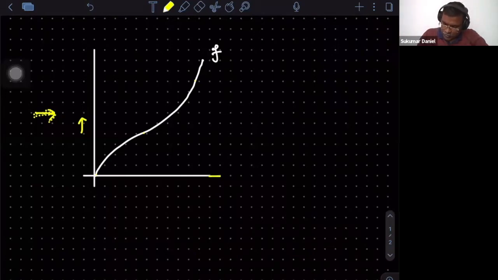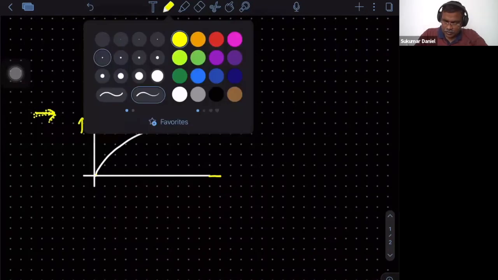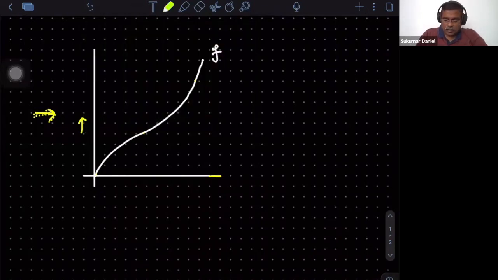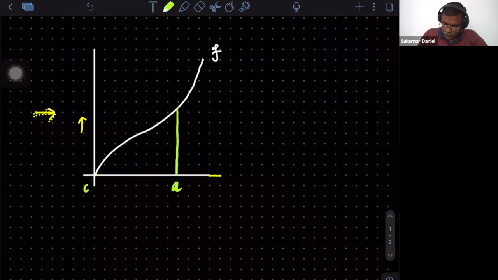What I want you to look at is the following. This is something familiar. Once you understand this, then this will be familiar to you. So I consider a. I integrate this function f from 0 to a.